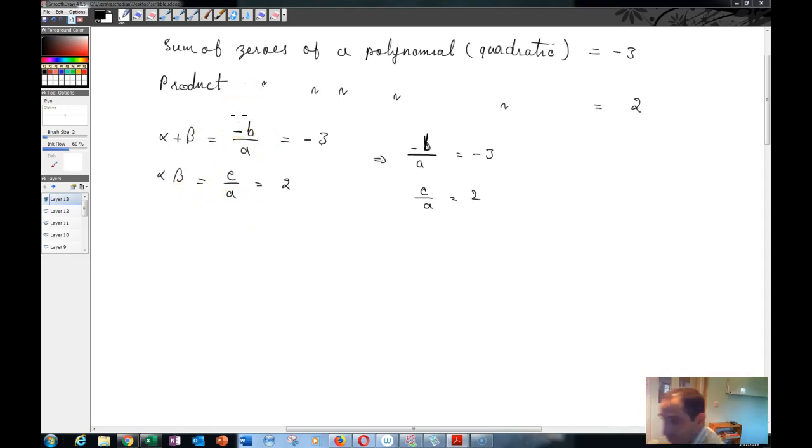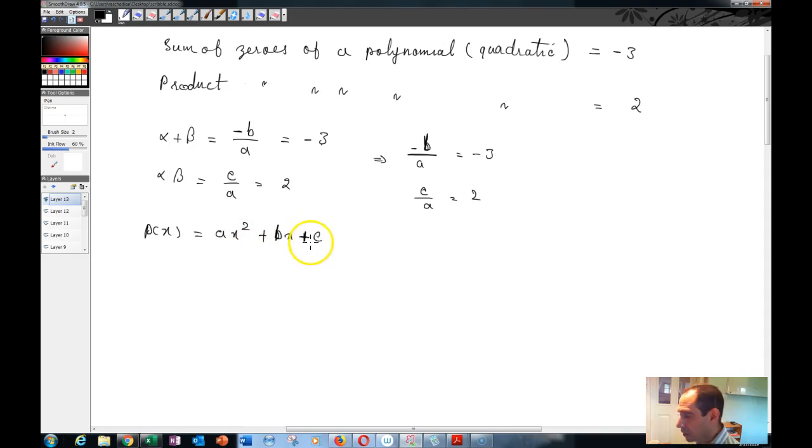So one way that I could find to solve this problem was that if you have a polynomial of degree 2, which is quadratic, you can write that polynomial as, for example, p of x, which is ax squared plus bx plus c. Okay, and then you can factorize this polynomial.